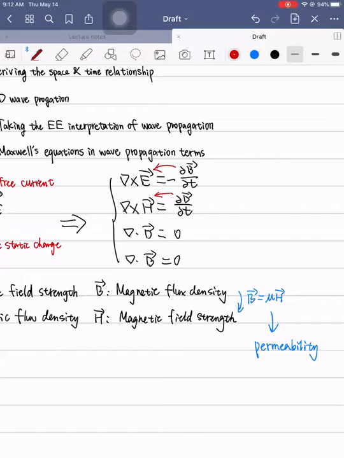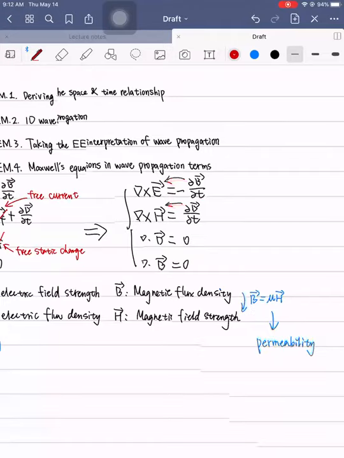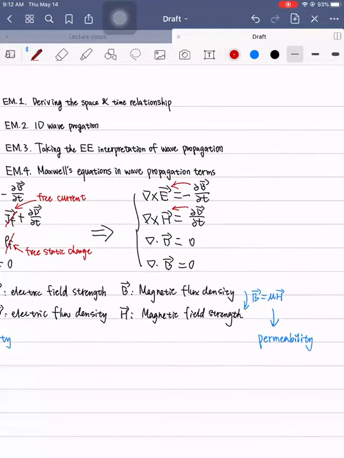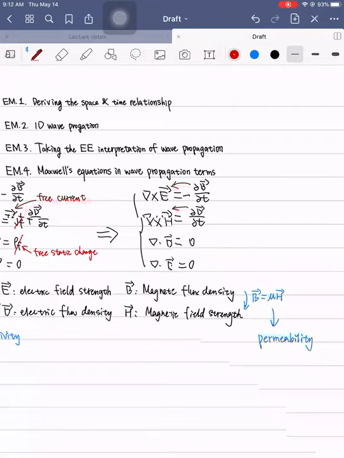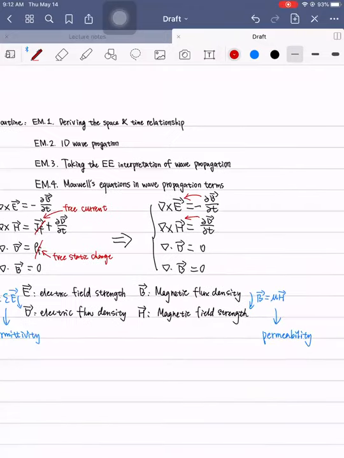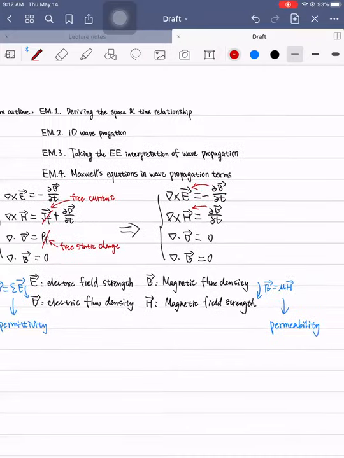It's like two people. One pushes another forward, and the other will pull the one forward as well. So these two can give the qualitative description of how the electromagnetic field propagates in the media, but we want a more accurate description. So let's do it.